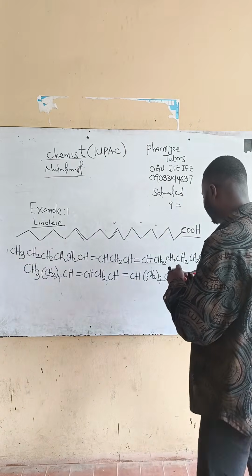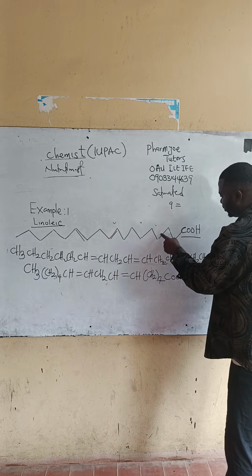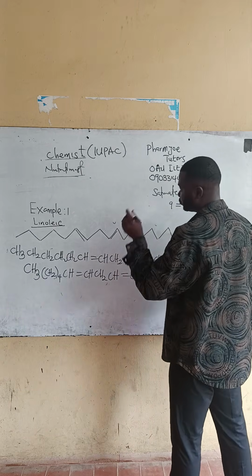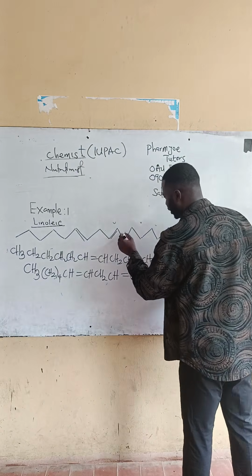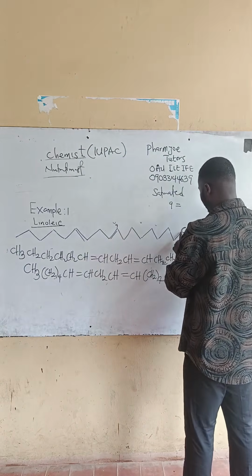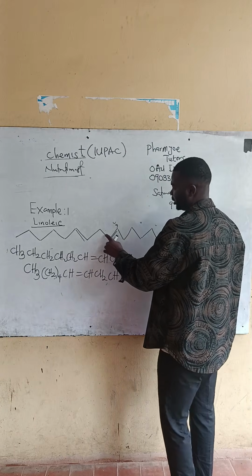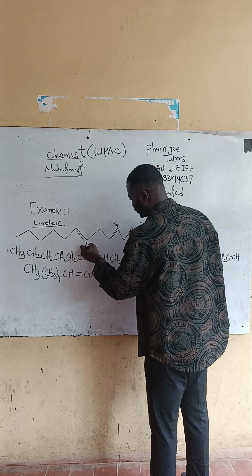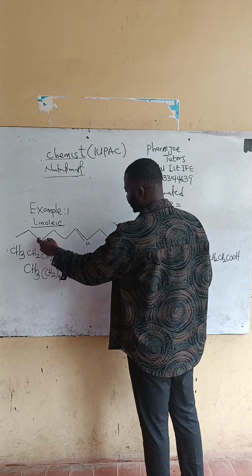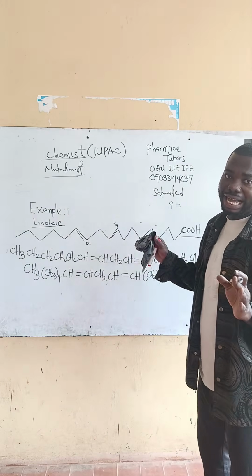So I start counting from this carbon: 1, 2, 3, 4, 5, 6, 7, 8, 9, 10, 11, 12, 13, 14, 15, 16, 17, 18. Now we have 18 carbons.